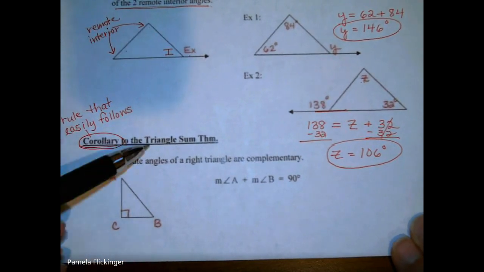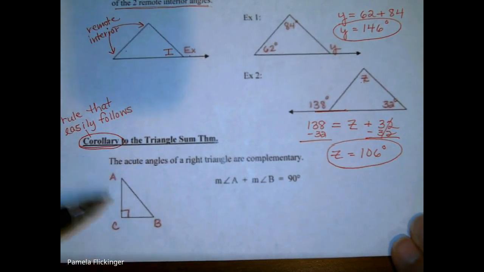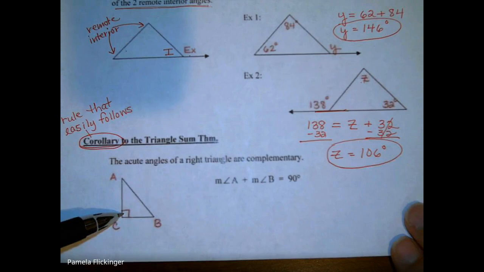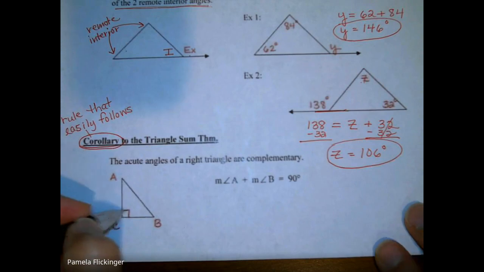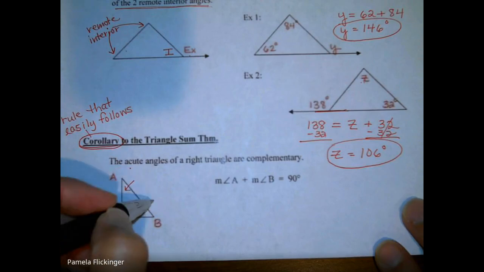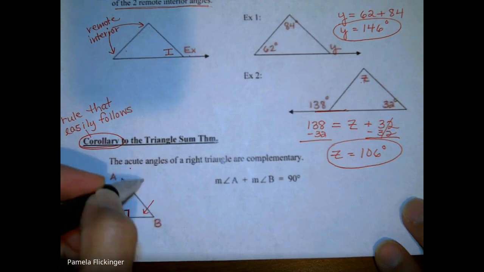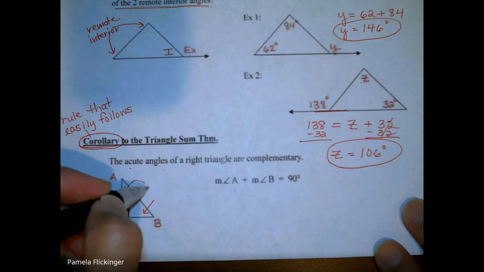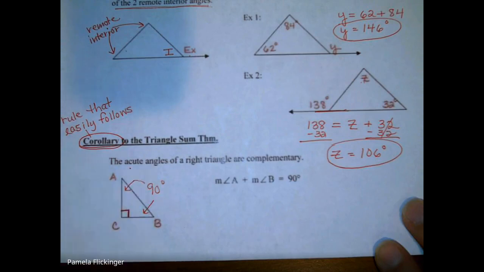So up above, the triangle sum theorem said the three angles add to be 180. The corollary to that is if you have a right triangle, which means one of the angles must be 90, then the acute angles of a right triangle will always be complementary. I hope that makes sense, because if you take the 90 away from 180, what has to be left is still 90.